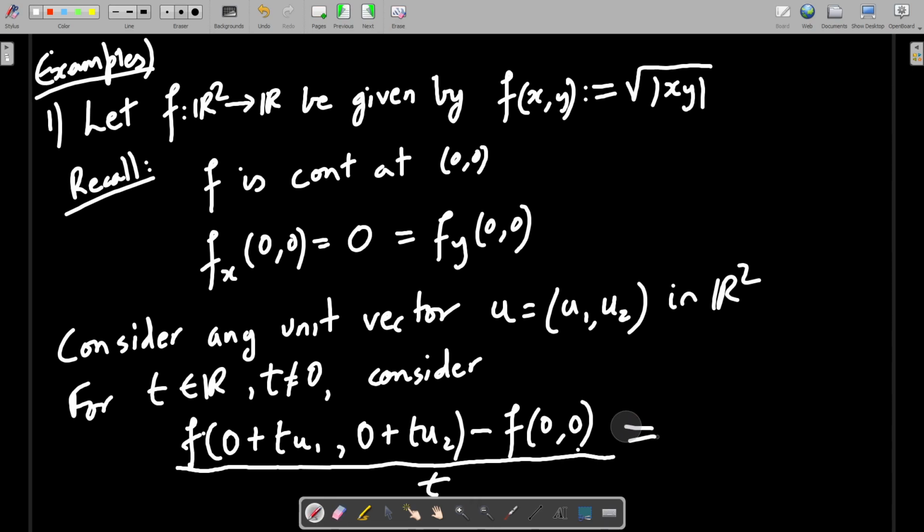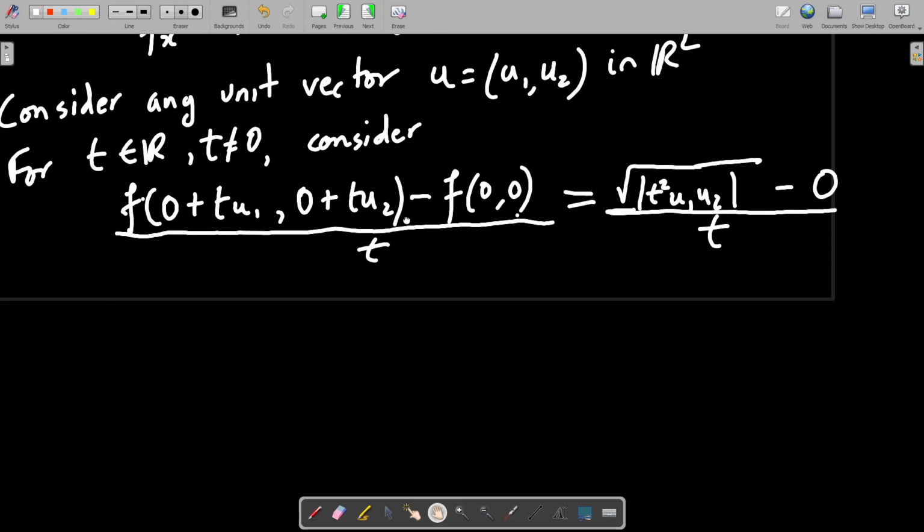And what will this be? Here we'll be getting t square u1 u2, minus 0, upon t.